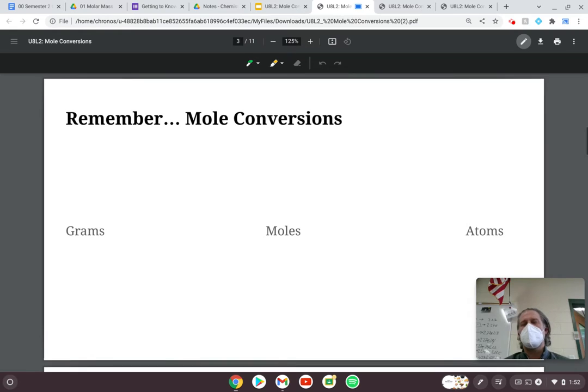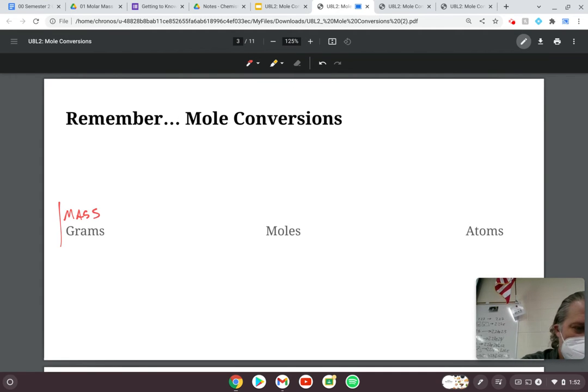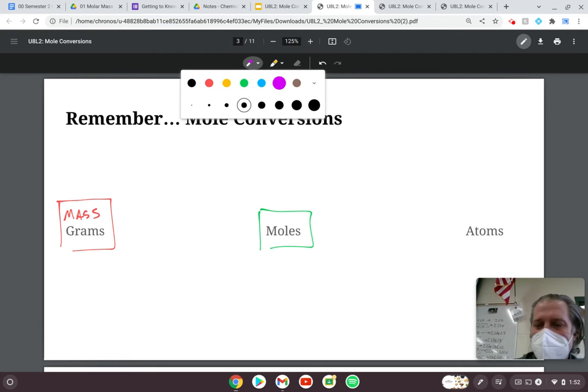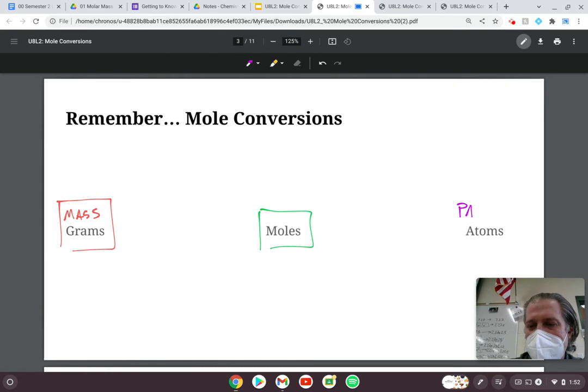So, once upon a time, a long time ago, we talked about mole conversions. We talked about things like mass. We talked about things like moles. And we talked about things like particles, at least if you were in my class.